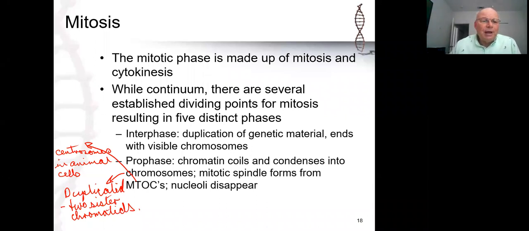But because animal cells have centrioles, we sometimes use the term centrosomes to refer to these features from which the spindle grows. At the same time, within the nucleus, we have these structures called the nucleolus, plural nucleoli. Those actually start to break down as prophase begins as well.